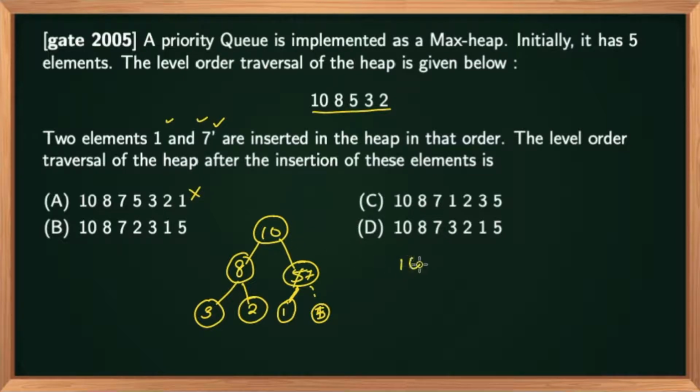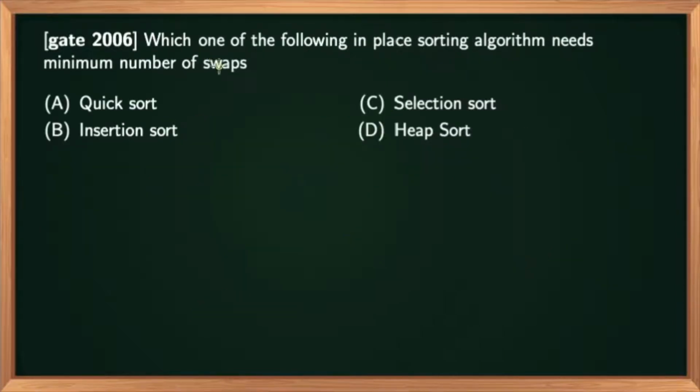So the first value will be 10, then 8, then we will have 7, then 3, 2, 1, 5, right? So choice D is the correct answer. Which one of the following in-place sorting algorithms needs the minimum number of swaps? Here swaps basically means the record movements.